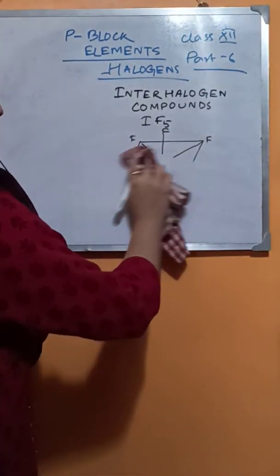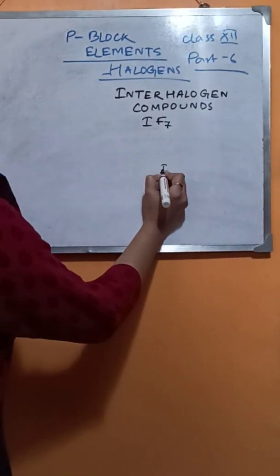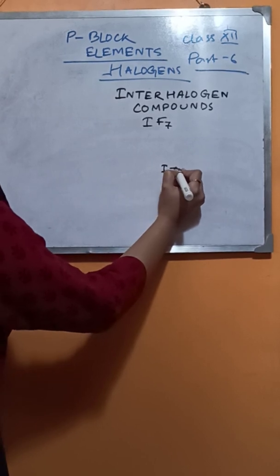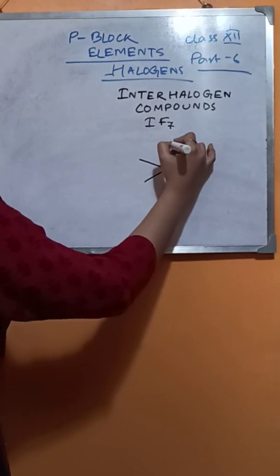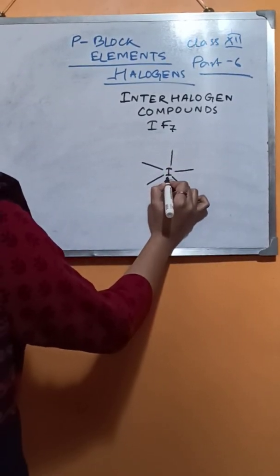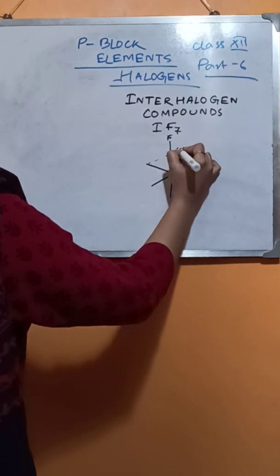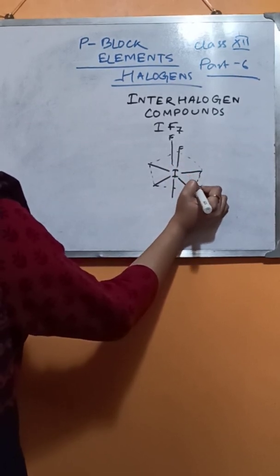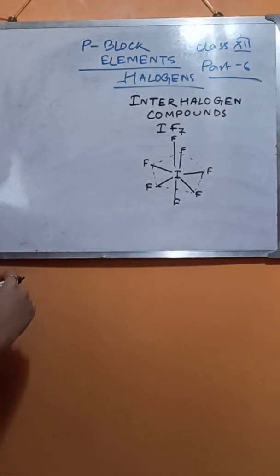The next compound is IF7. This is the structure of IF7.